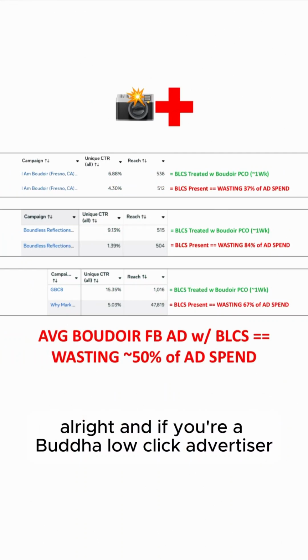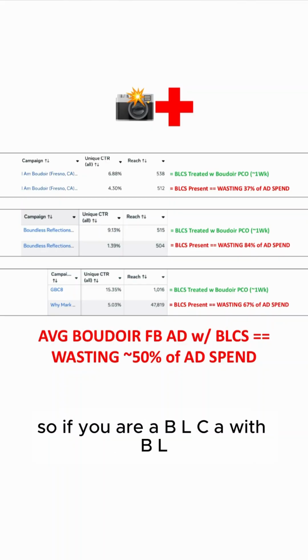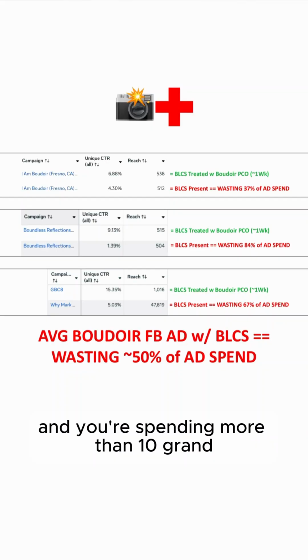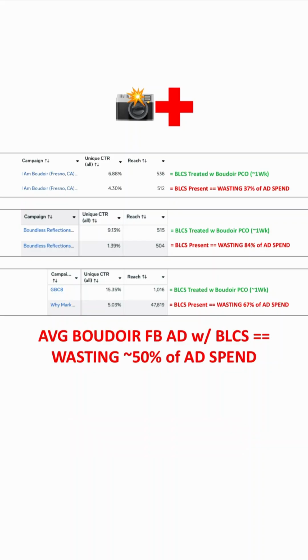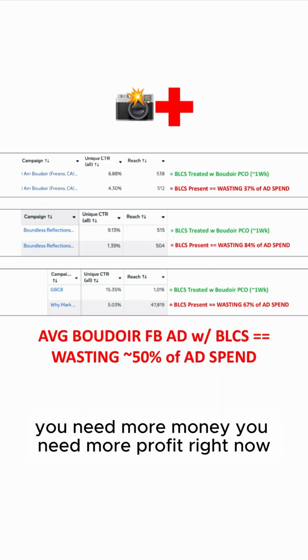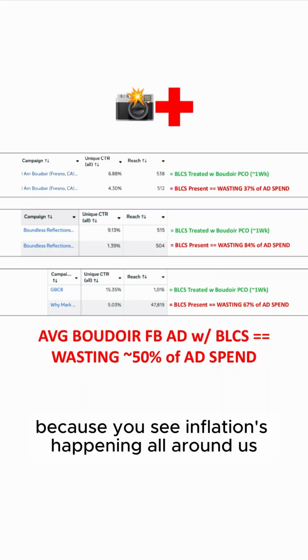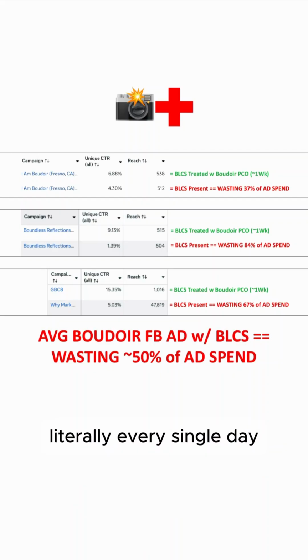All right, and if you're a Boudoir low click advertiser with Boudoir low click syndrome, so if you are a BLCA with BLCS and you're spending more than 10 grand a month on Boudoir Facebook ads, and you've decided you got to pull more efficiency out of the business right now, you need more money, you need more profit right now, because you see inflation is happening all around us, you see more women becoming boudoir photographers literally every single day.